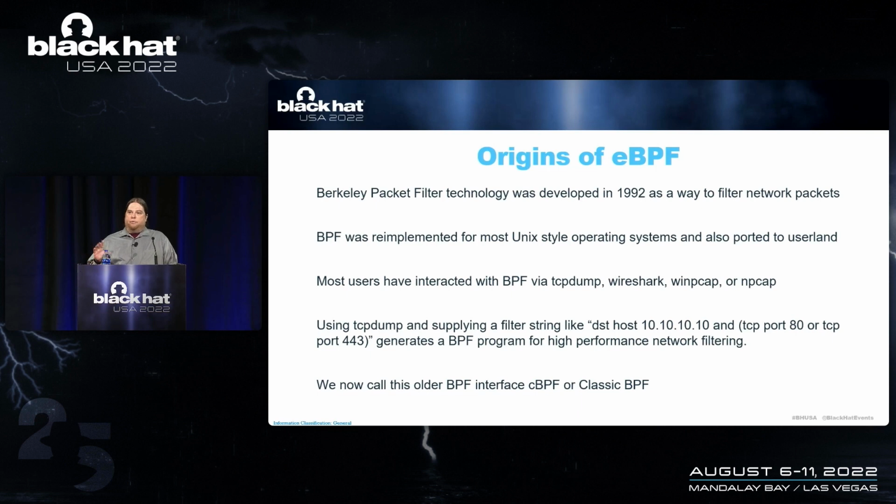Those filter strings behind the scenes get compiled into a BPF program on the fly, and that code is then JITted into the kernel, and these hooks are implemented in a high performance manner in that way. So we call this old BPF implementation, which was specifically for doing network filtering, classic BPF.